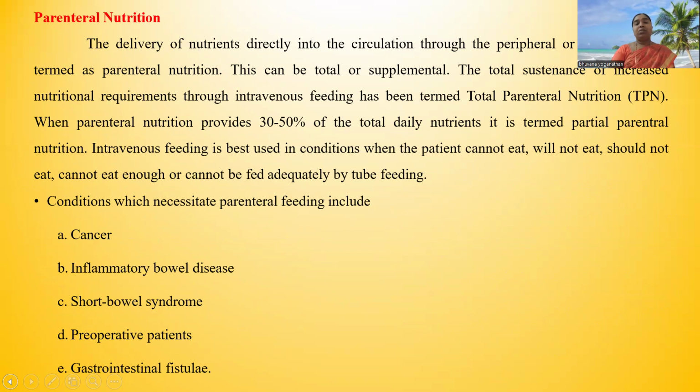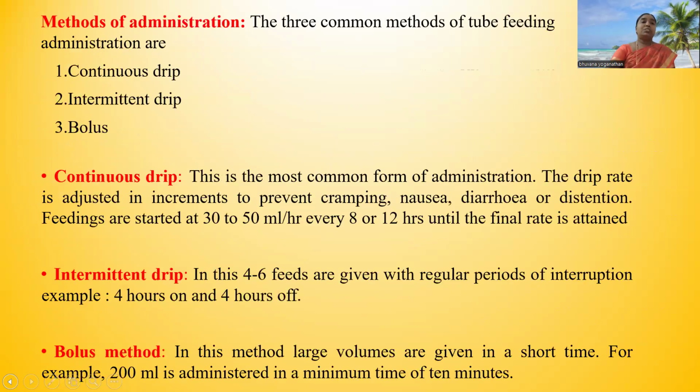It is for a patient who cannot eat, should not eat, or cannot take adequate feed by tube feeding. Where tube feeding has failed, the patient can immediately be put on intravenous parenteral feeding. The conditions which necessitate TPN are cancer, IBD, short bowel syndrome, preoperative patients, and gastrointestinal fistula patients.